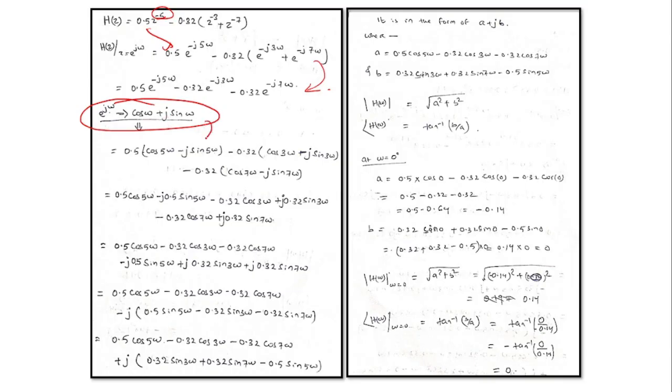Then we just have to put in the values and solve it, and we will be getting the result in the form of a plus jb. After that you compute a and b, and from a and b at the 5 locations you compute the modulus and the phases. Okay.